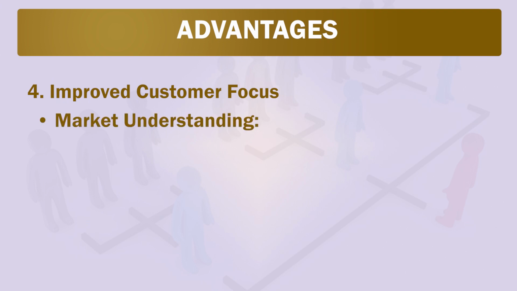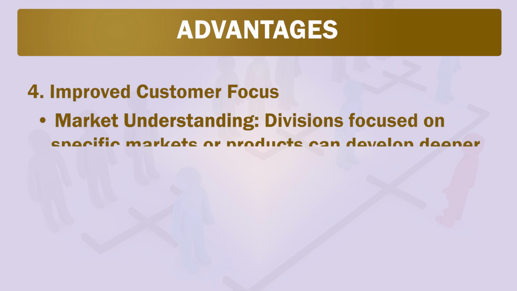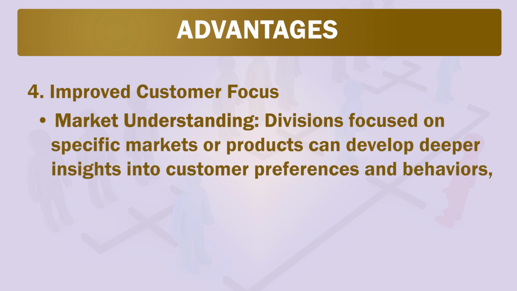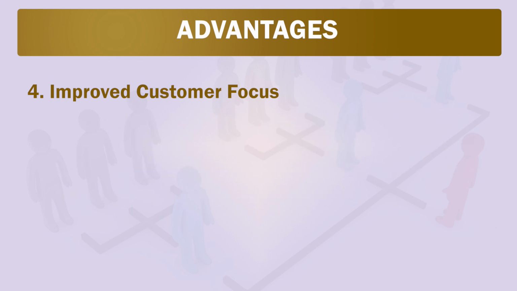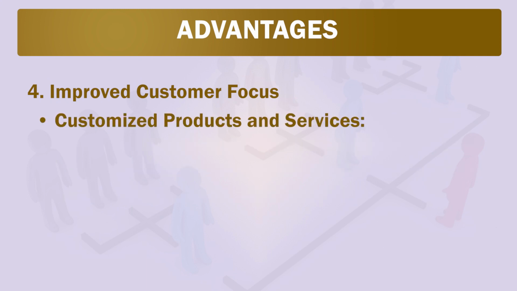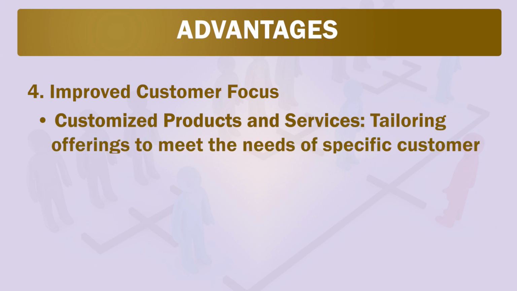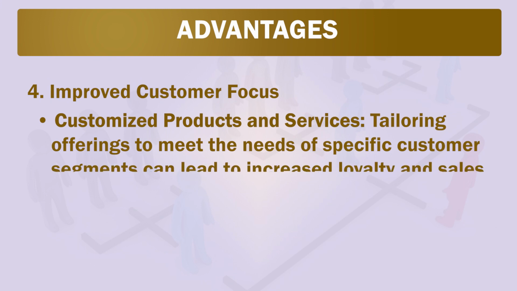Market understanding is one, whereby divisions focused on specific markets or products can develop deeper insights into customer preferences and behavior, which enhances customer satisfaction. Next is customized products and services, whereby tailoring offerings to meet the needs of specific customer segments can lead to increased loyalty and sales.